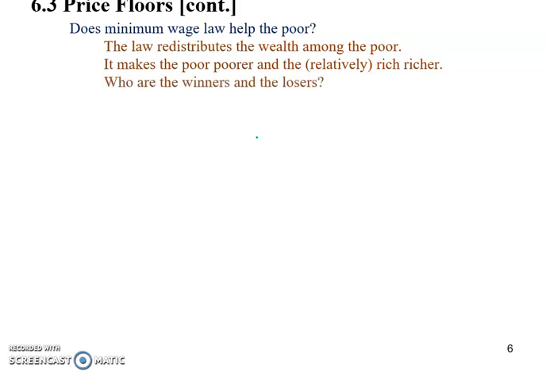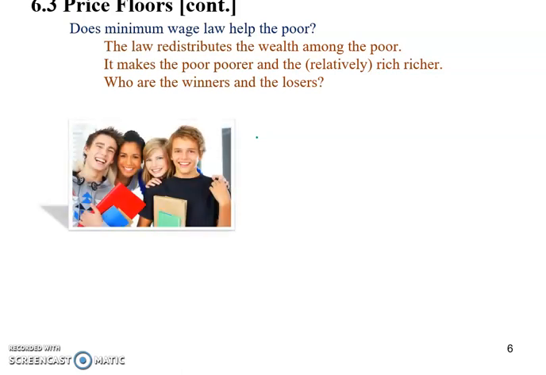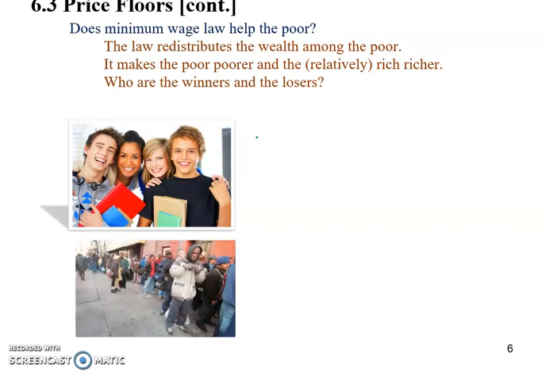So who are the winners and the losers? We already talked about that. In reality, college students like you are more likely to be the winners because you are better educated, more energetic, young and healthier. And these people are more likely to be the losers, as we already said.